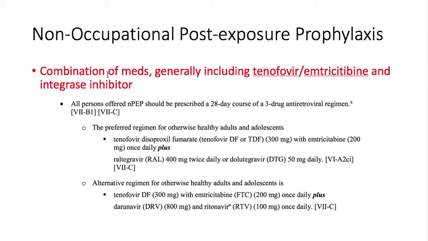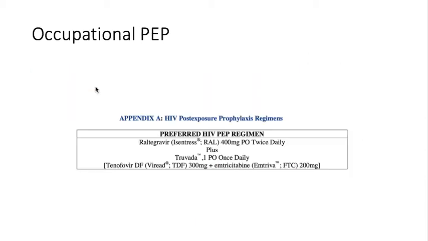This is given as combination of meds, generally including tenofovir, emtricitabine, and an integrase inhibitor. You don't need to know the details, but once again, it's the concept of highly active antiretroviral therapy, 2 nucleosides and an integrase inhibitor.